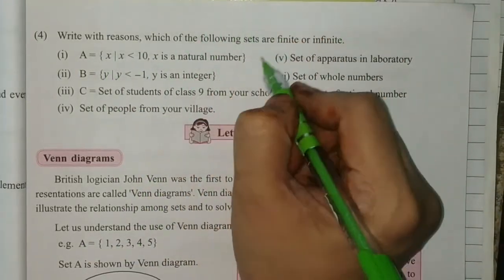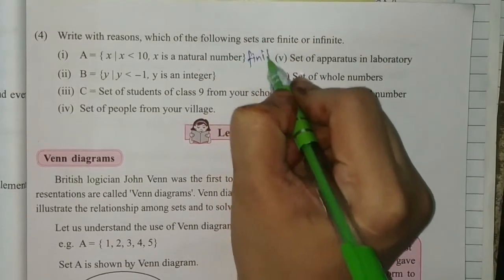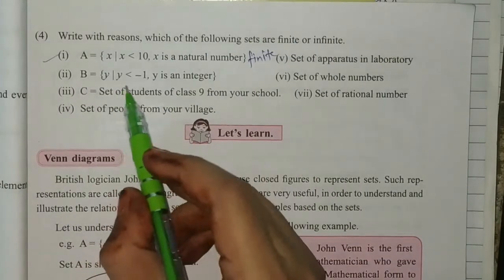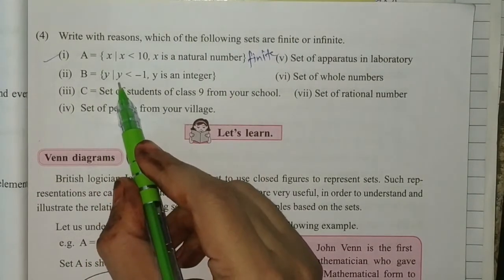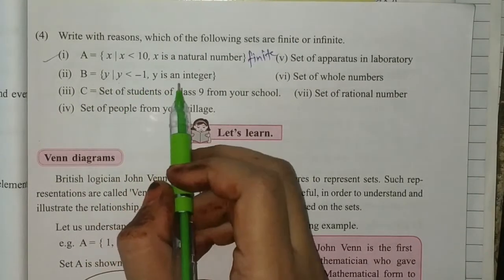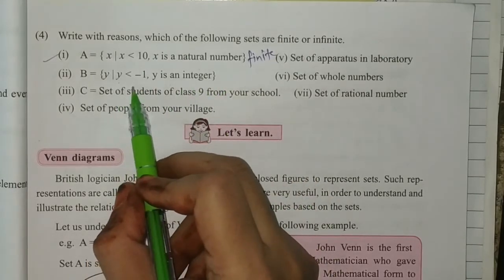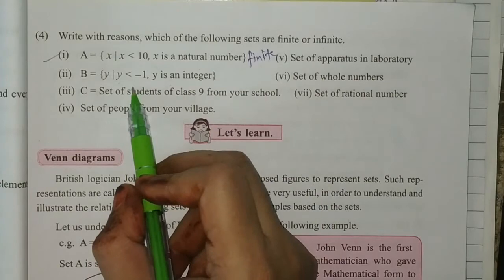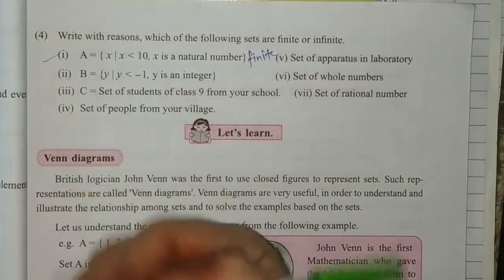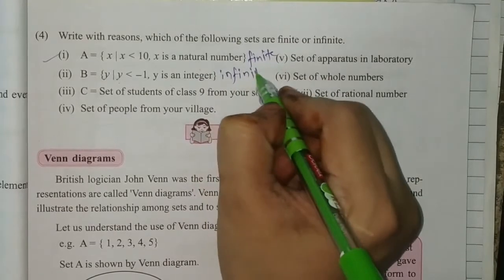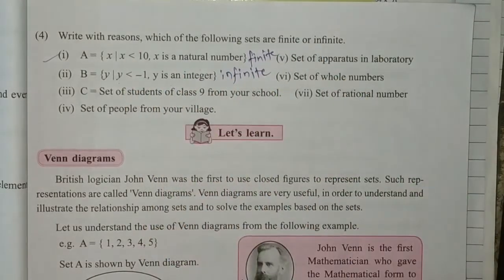So set A is a finite set. Next we have B is equal to y such that y is less than -1 and y is an integer. Less than -1 we have so many elements: -2, -3, -4, -5, and they are infinite. We cannot count this set's elements, they are uncountable, so it becomes infinite.